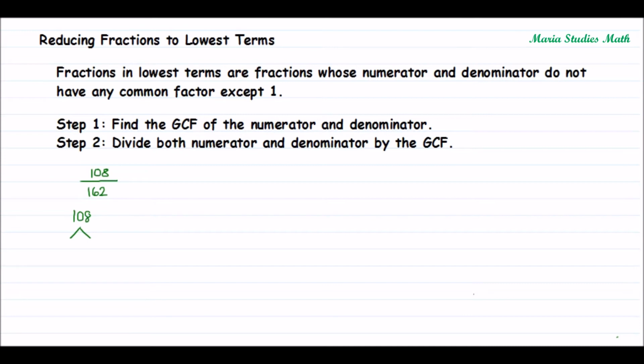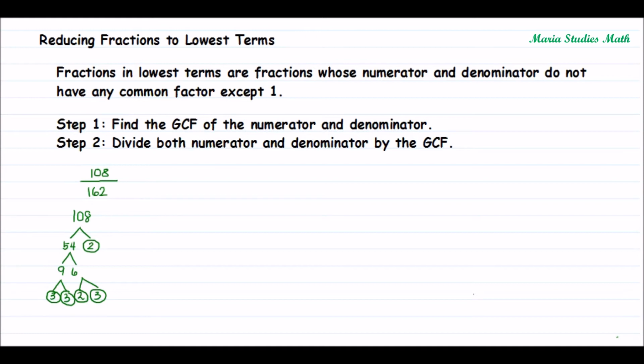So 108 can be factored as 54 times 2. 2 is already a prime number. Now 54 can be factored as 9 times 6. 9 can still be factored as 3 times 3, where 3 is a prime number. And 6 can still be factored as 2 times 3. So the prime factors of 108 are 3, 3, 2, 3, and 2.